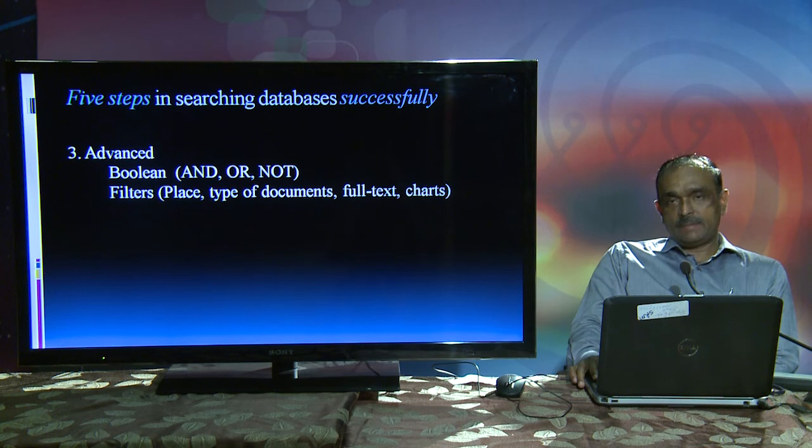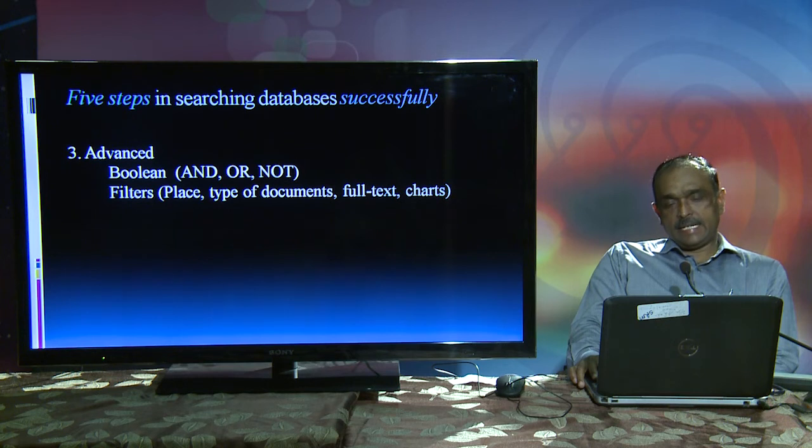If you apply the place filter, you should be able to find literature related to a particular place. For example, if you have searched literature on higher education, you can further filter it by adding the appropriate place, for example, higher education in UK, higher education in India, where you can select India or UK from the place option.